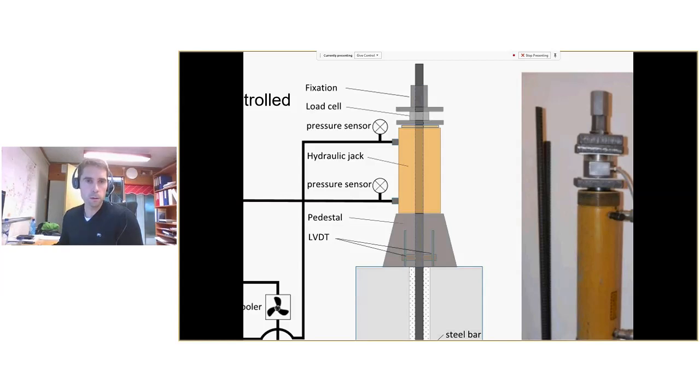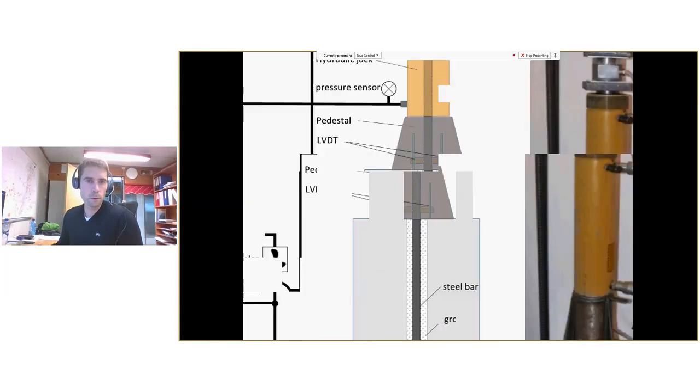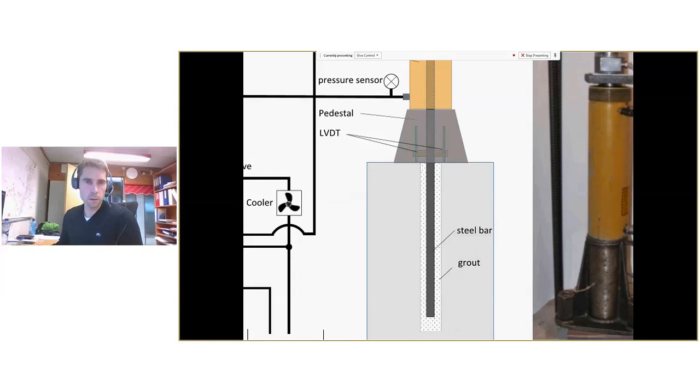The bar is protruding through this jack, and we have a fixation on top and a load cell below this fixation, so we can measure the applied force. We have the steel bar, which is installed in a pre-drilled hole into a large concrete block, and we have the grout. The model anchors that we have tested at the laboratory are 17.5 millimeters in diameter, and the pre-drilled hole is 50 millimeters.